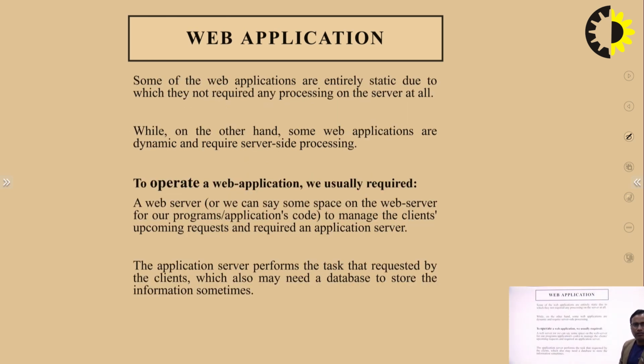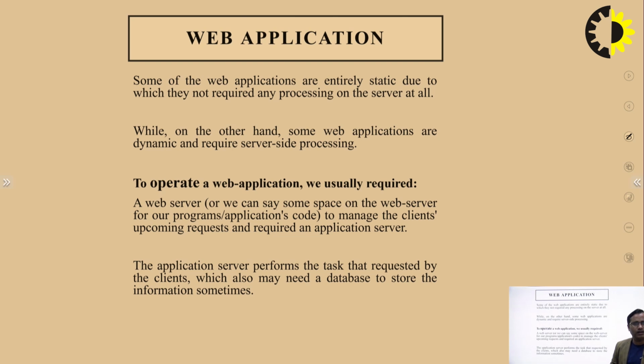So some of the web applications, as we have said earlier, are entirely static, due to which they do not require any processing at the server, and some of the web pages are dynamic. That means we require some processing to generate those web pages according to the user's input.